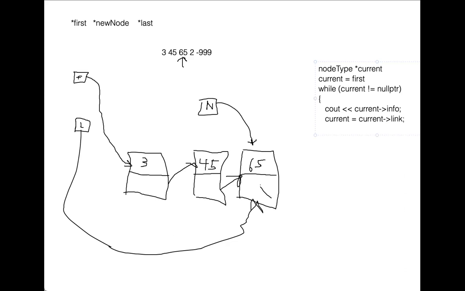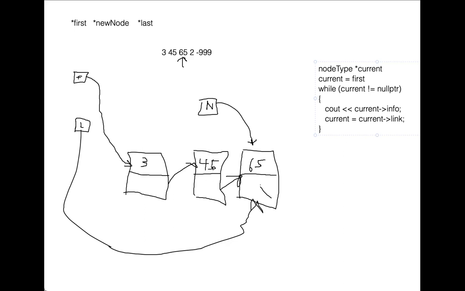And that should take me through. So when I start off, current is pointing to where first is. So current points to here. While current's not null pointer, it's not. So I'm going to cout current info, which is 3. I'm then going to set current equal to current link. Current link goes here, so current now points here.